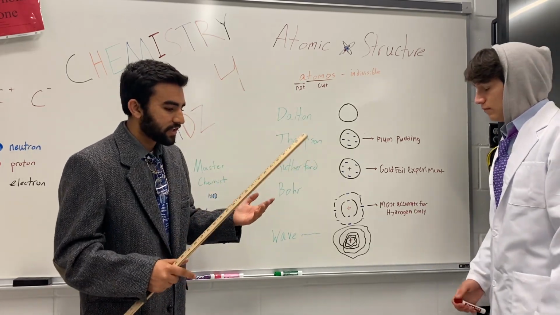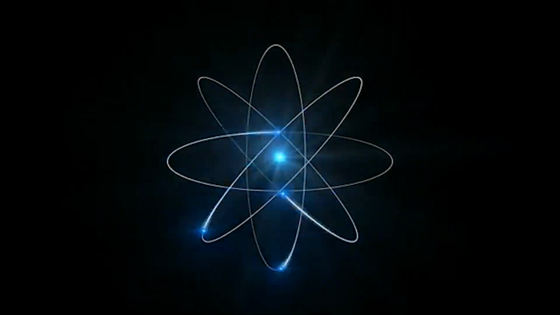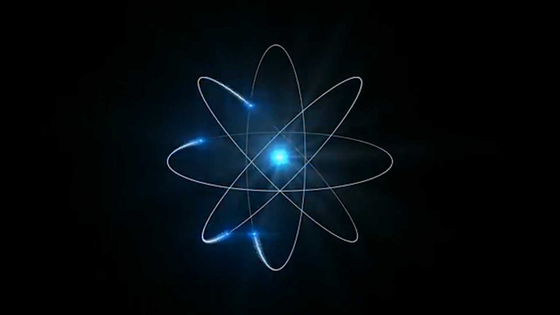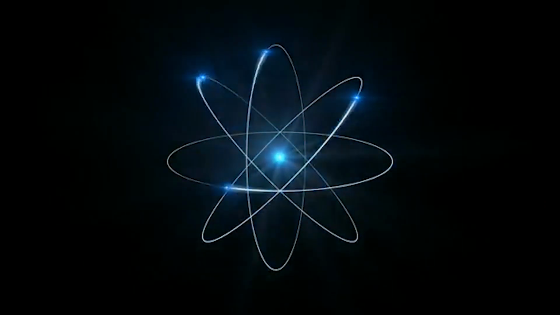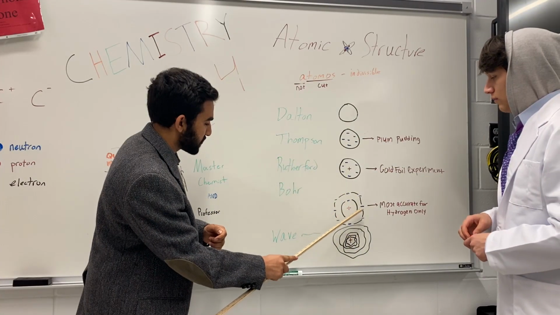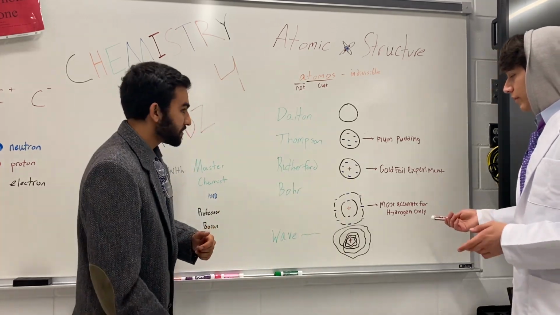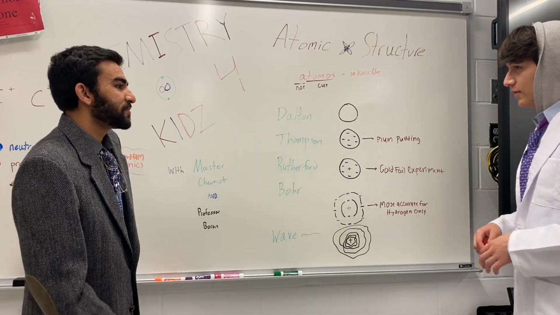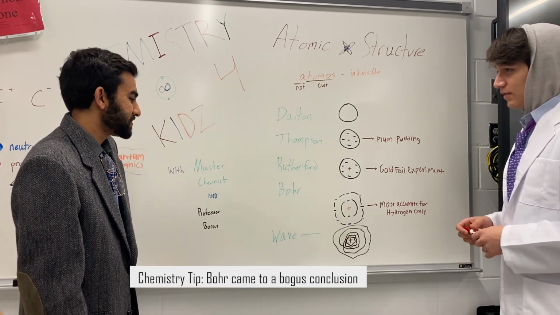And of course, how he interpreted that is that the negatively charged particles, or electrons, in this instance, would be orbiting the nucleus, and in this way, he was able to derive these orbitals that surrounded and orbited the nucleus. It works pretty well for hydrogen. Yes. But not anything else. It's kind of bogus.